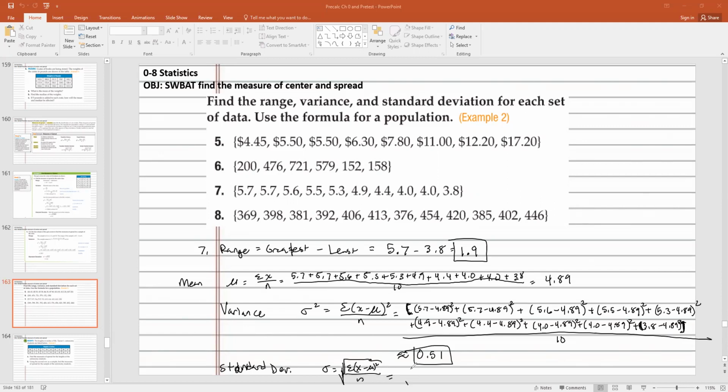So we're going to take the square root of 0.51, which gives us 0.72.